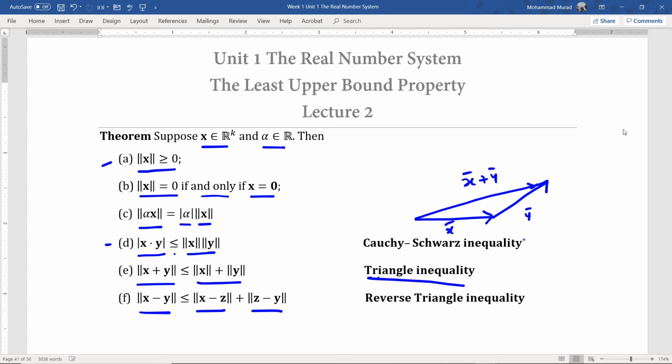Then the length of this side, which is obtained by the norm of the vector x plus y, is smaller or equal to the sum of the lengths of the vectors x and y. The inequality in statement F is called the reverse triangle inequality.